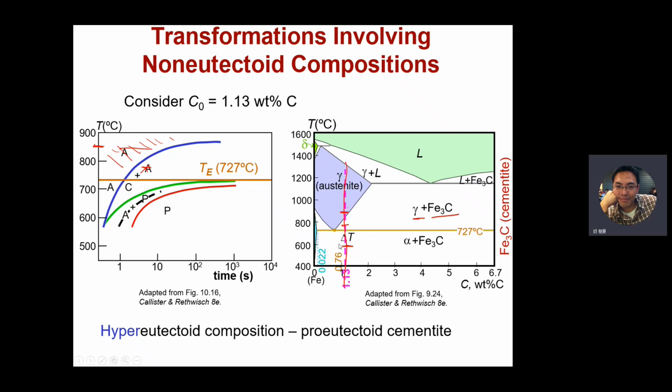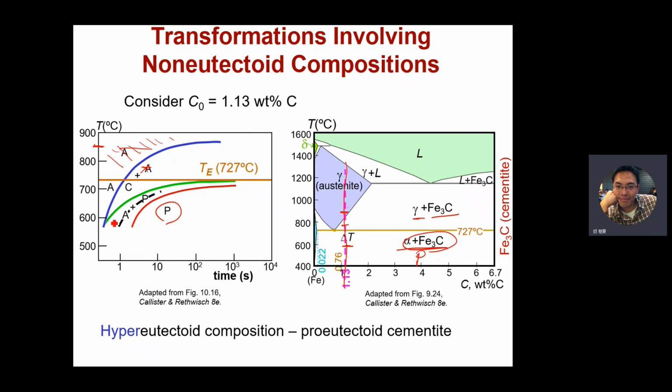That's cooling to this temperature. So what's going to form? Alpha plus cementite is called perlite, right? It's called P, perlite. And finally you get the perlite structure.